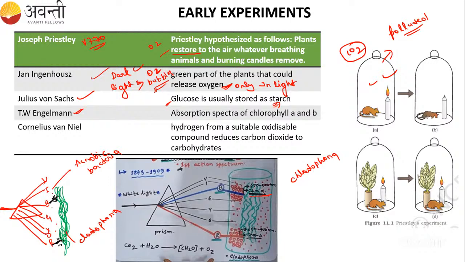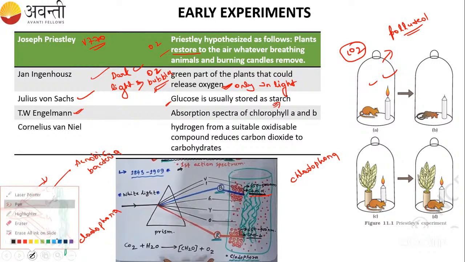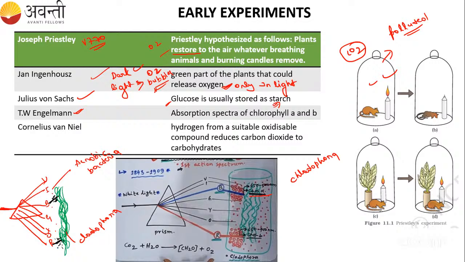Only in these two regions the oxygen is evolving and the bacteria accumulate, not in any other region, because Cladophora is not getting the particular light wavelength there. Only in blue and red is it undergoing photosynthesis.